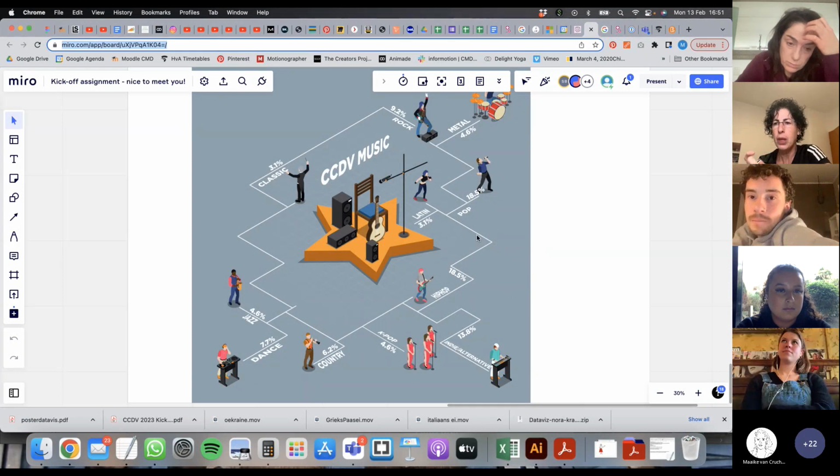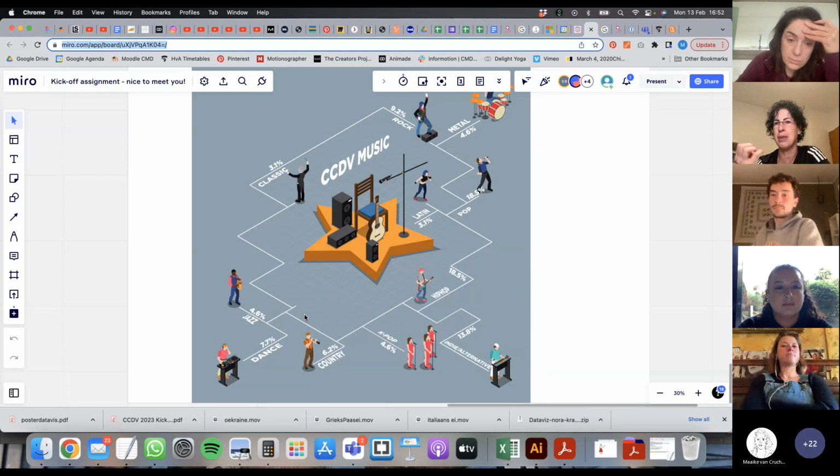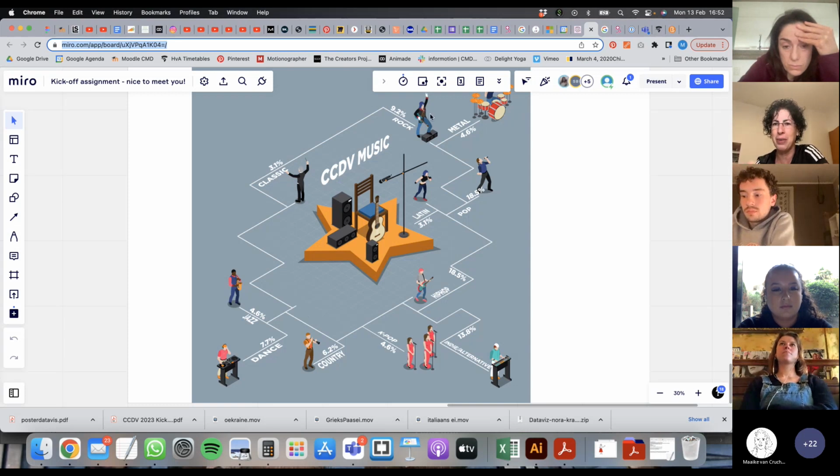Perhaps do not put the number just below or above the line, but next to the title itself, like dance 7.7 or country. Or if you do put it there, it has to be on the same measurement so my eye can understand why it's there. But other than that, really very cute. It looks like figurines.